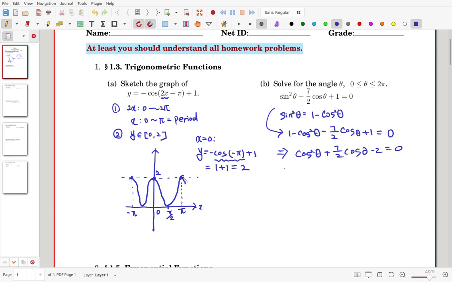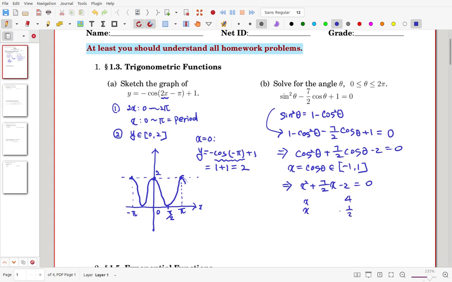So to see it better, let's replace cosine theta by x. So it's a change of variable. Then x must be between minus 1 and 1. Along with that change of variable, the equation can be written x squared plus 7 over 2 x minus 2 equals 0.